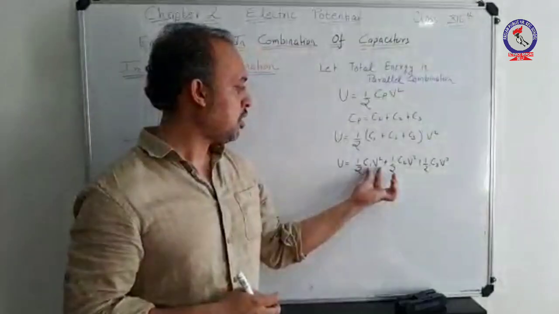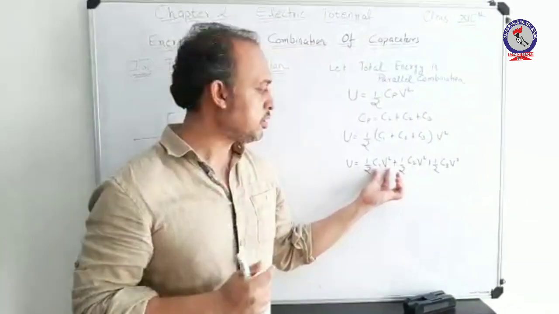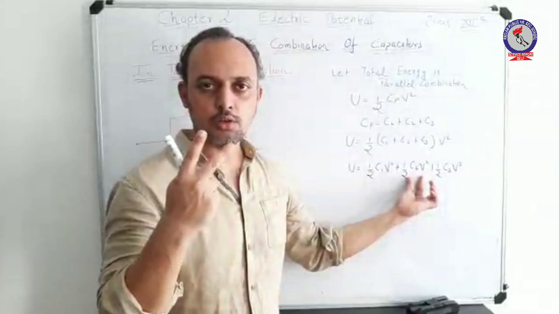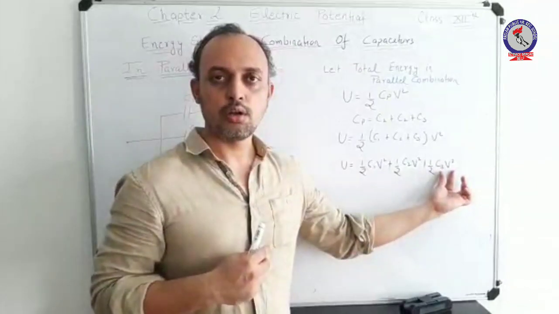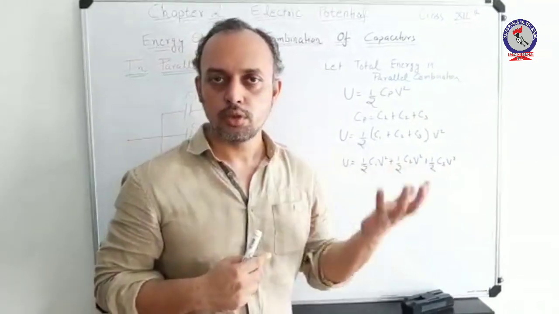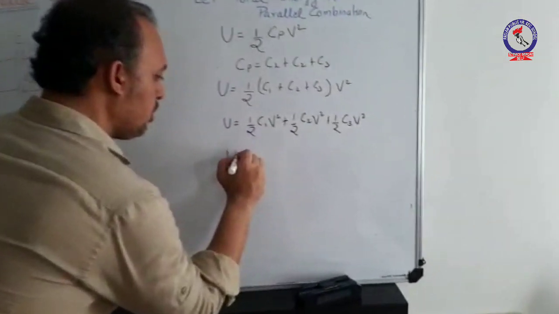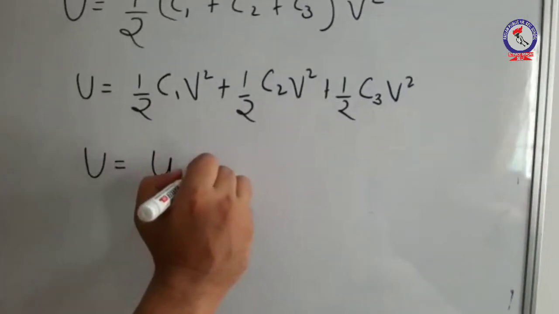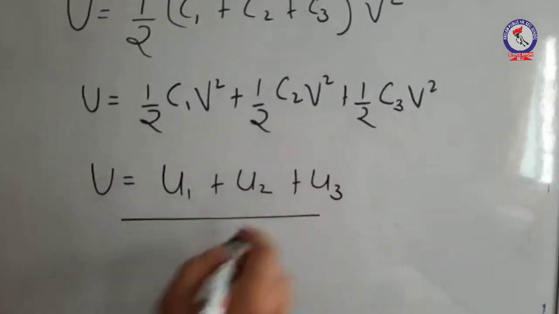Half C1 V square represents the energy of the first capacitor, half C2 V square represents the energy of the second capacitor, and half C3 into V square represents the energy of the third capacitor. Then you can express it as U equals U1 plus U2 plus U3.